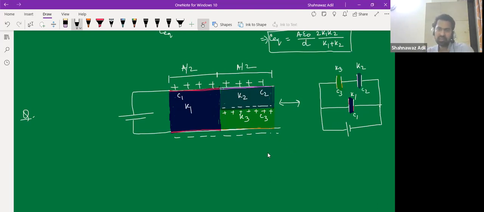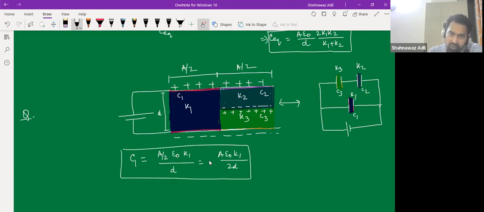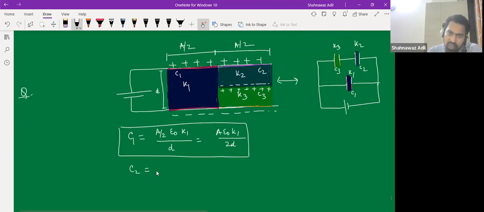So if we calculate C1, the total distance is D. So C1 would be A by 2 epsilon naught K1 by D, so this is A epsilon naught K1 by 2D. Right? And C2 would be A by 2 epsilon naught K2 divided by D by 2.